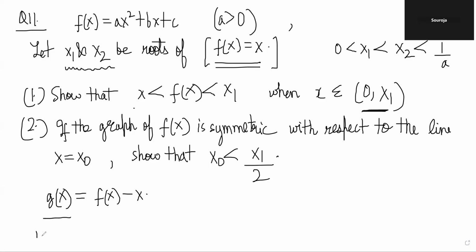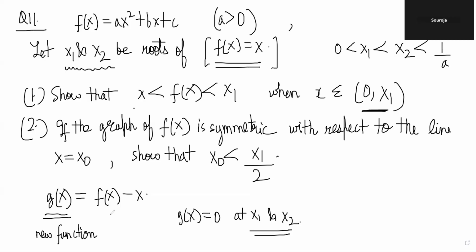We know that g(x) is equal to 0 at x1 and x2, because x1 and x2 are roots of this equation. So f(x1) minus x1 is 0 and f(x2) minus x2 is 0.